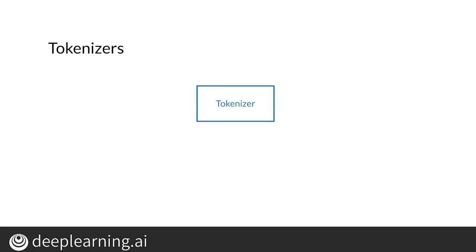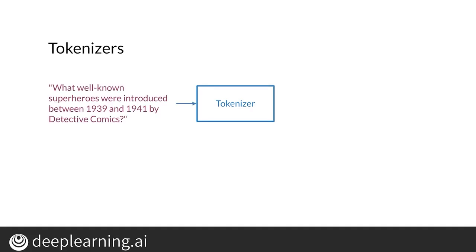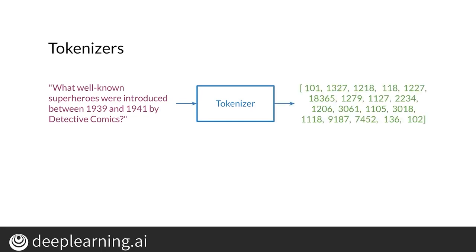A tokenizer receives your text data and returns the tokens that your model can read. For instance, you can pass a DistilBERT tokenizer the text with the question, what well-known superheroes were introduced between 1939 and 1941 by Detective Comics? And it would return the numeric tokens that the DistilBERT model can use for training and inference.